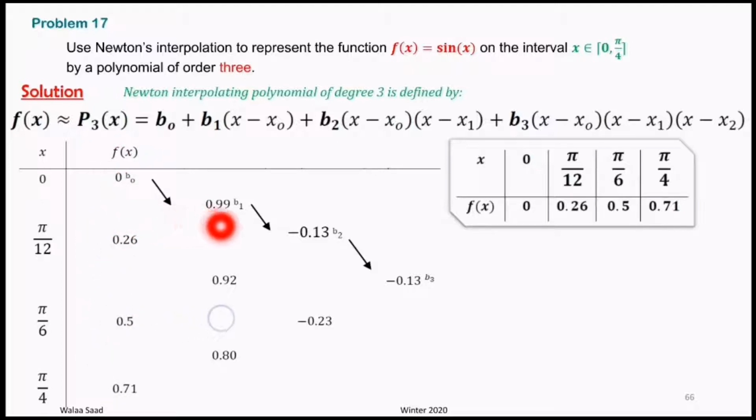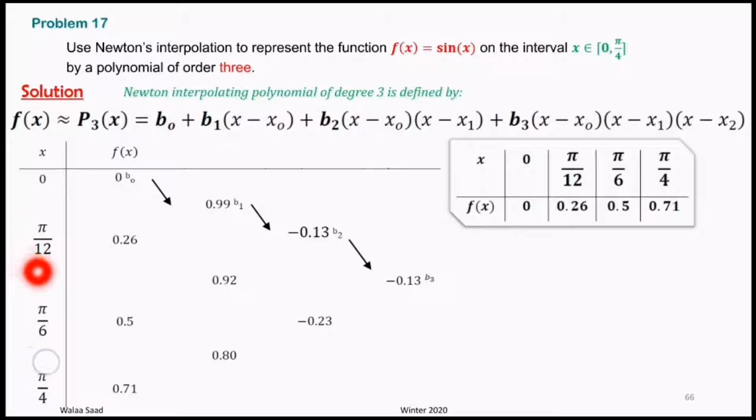Moving on, construct the f prime using the previous two y values, so the difference between y1 and y0, divided by x1 minus x0. This is 0.99, and here 0.92 is 0.5 minus 0.26, divided by pi over 6 minus pi over 12, and here, for example, the negative 0.23 is 0.8 minus 0.9, divided by pi over 4 minus what?